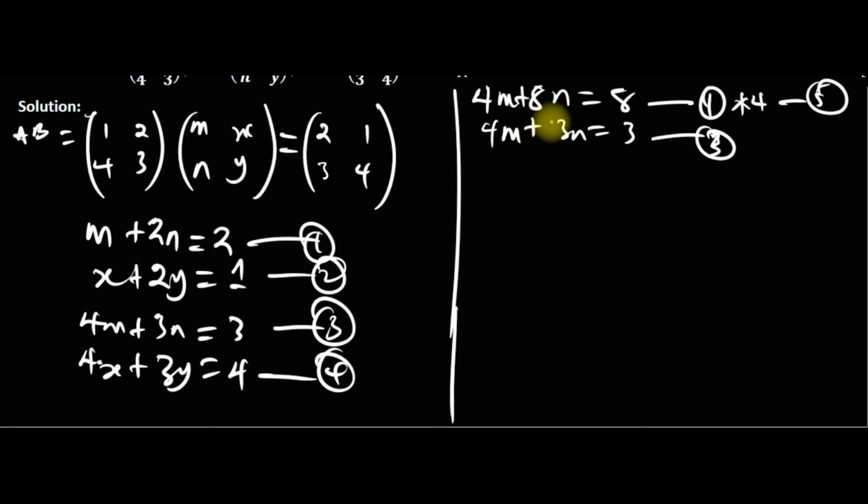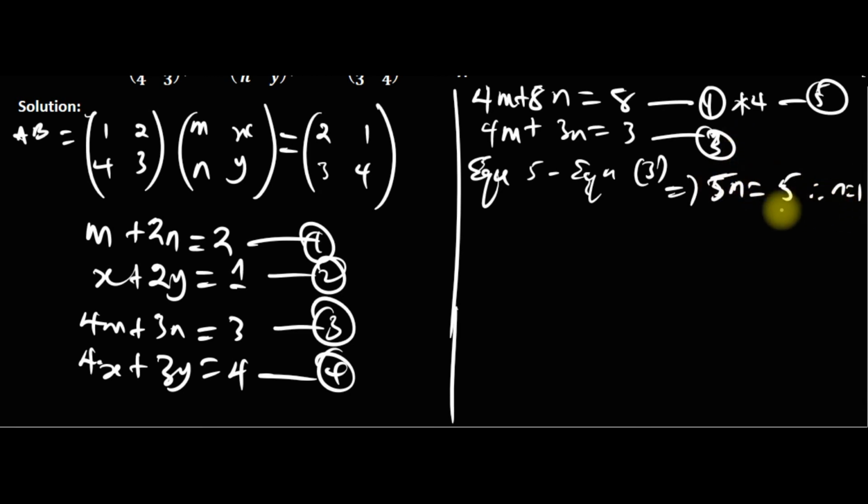We're using elimination. Equation 5 minus equation 3 implies that 4m minus 4m is 0, 8n minus 3n is 5n, and 8 minus 3 is 5. Therefore, n is 1.